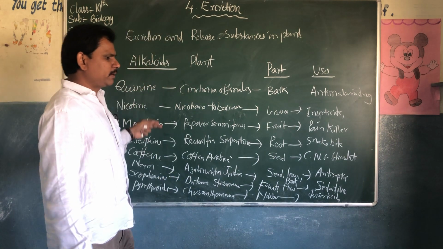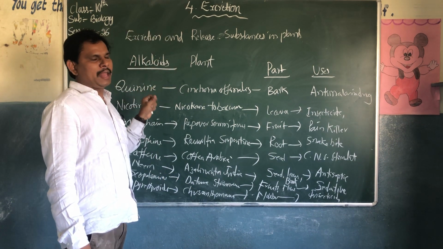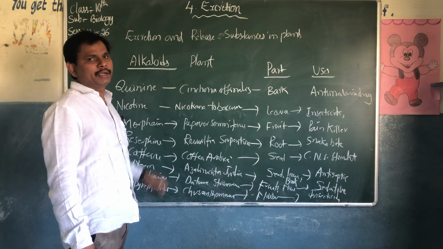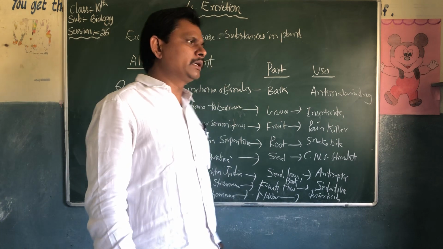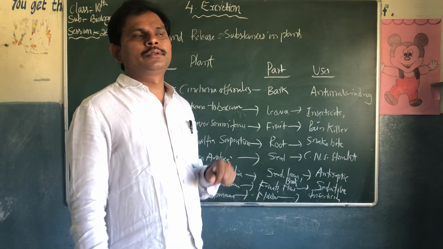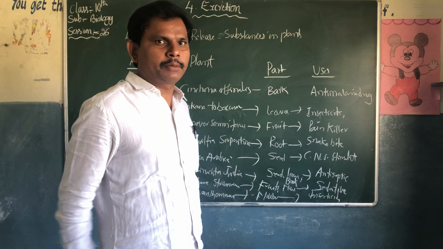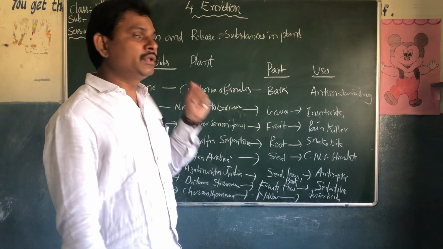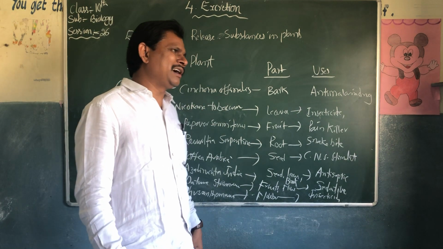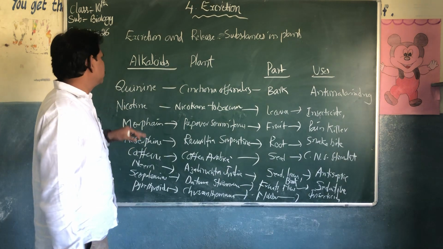The biochemical substances produced in plants are of two types: primary metabolites and secondary metabolites. Primary metabolites are carbohydrates, proteins, fats, very useful for the plant's growth and repair of the body. Secondary metabolites are not useful for growth: alkaloids, tannins, resins, lipids and gums.